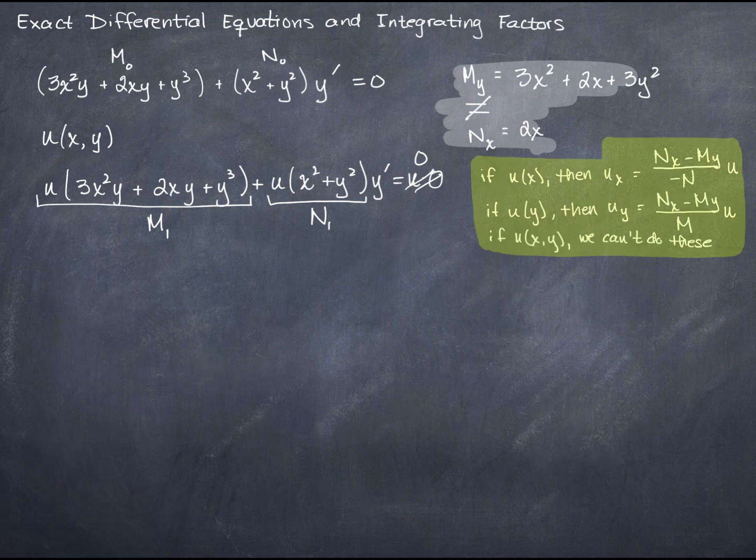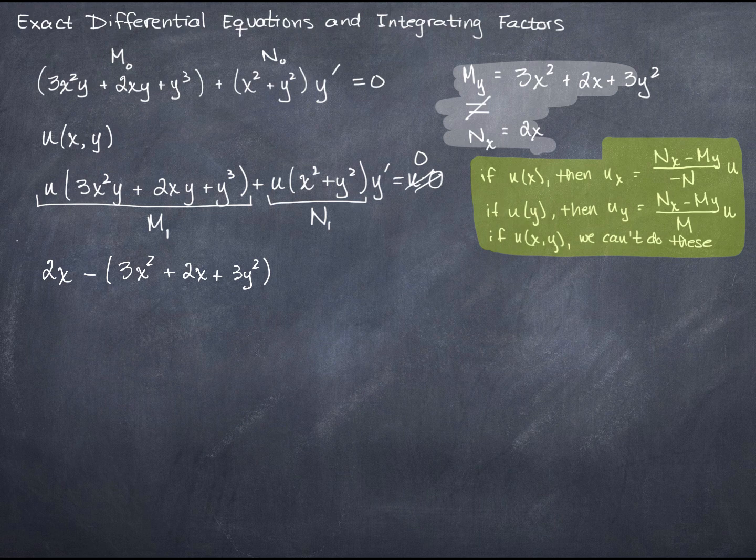All right, I've put a nice little yellow highlighted box around the important information here. Notice again that both of these have an N sub x minus M sub y and an N sub x minus N sub y. So let's take a look at what that looks like here. N sub x, we've already discovered, is 2x, and M sub y is 3x squared plus 2x plus 3y squared.